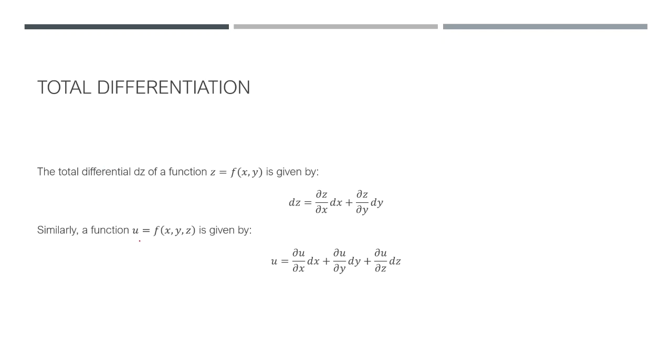Similarly, the function u, which has the variables x, y, and z, is given by du, which is equivalent to partial derivative of u with respect to x plus partial derivative of u with respect to y plus partial derivative of u with respect to z. So basically, we'll just add all the partial derivatives of an equation so that we'll get the total differential of the function.